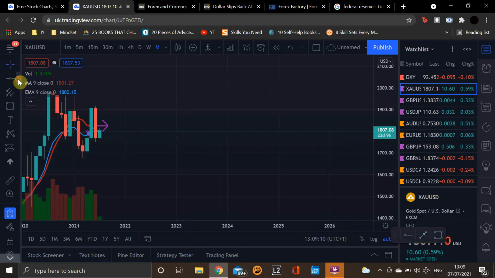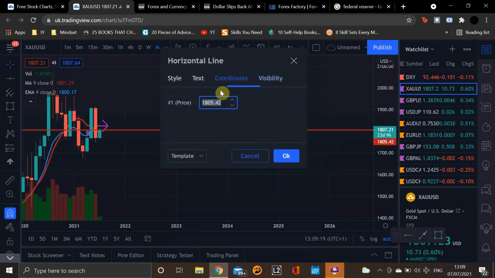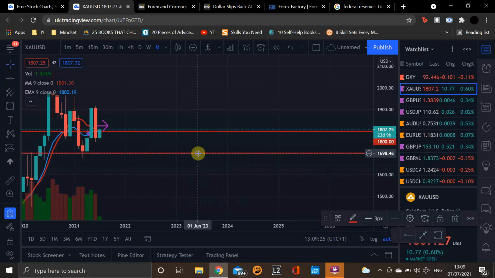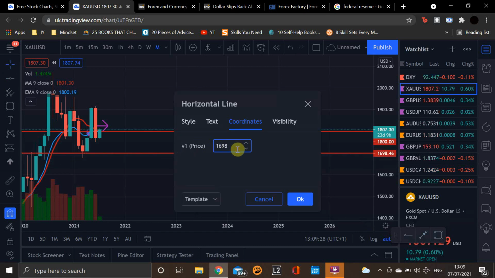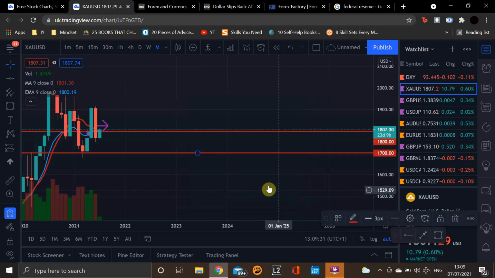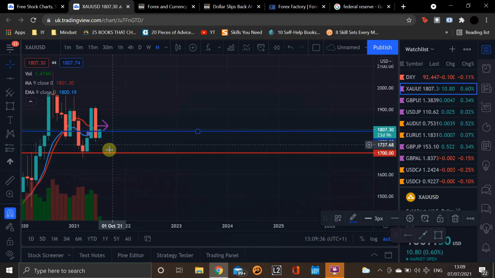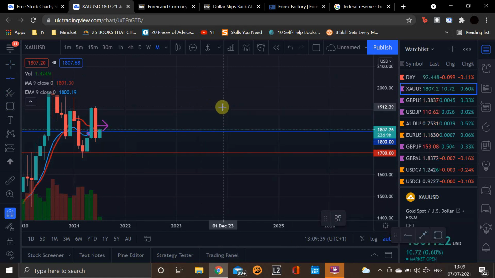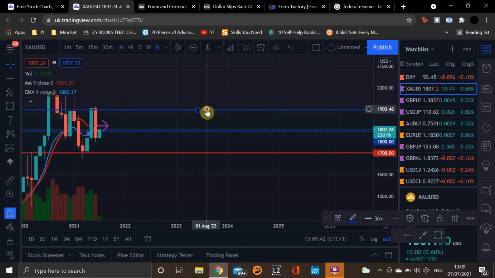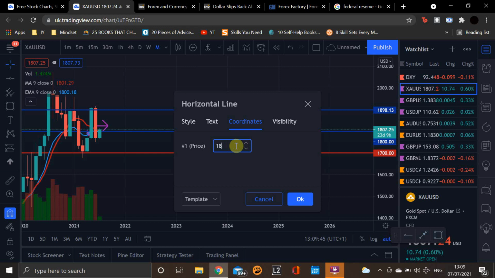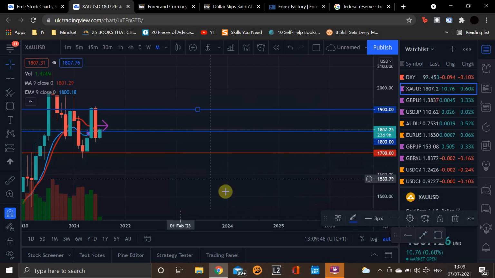So what I'll do, I'll mark horizontal lines at the major areas like 1800, 1800, 1700, 1900. Yeah, so those are the areas that I've marked.